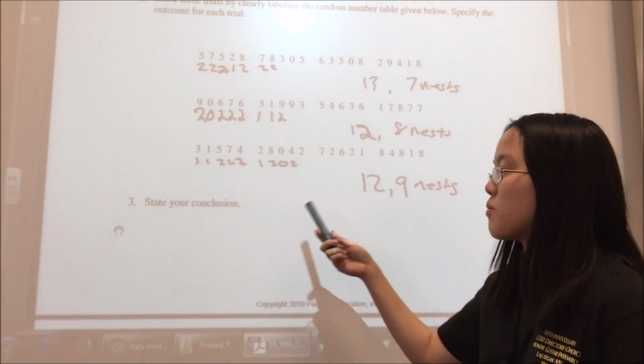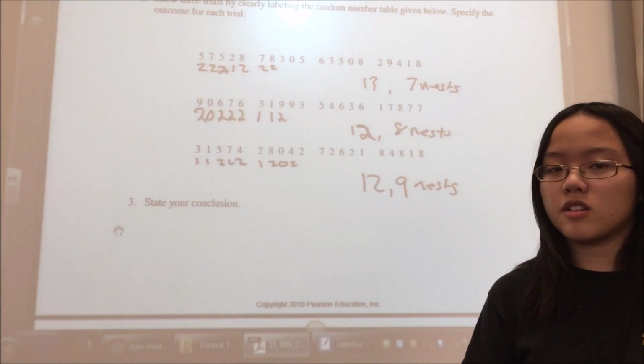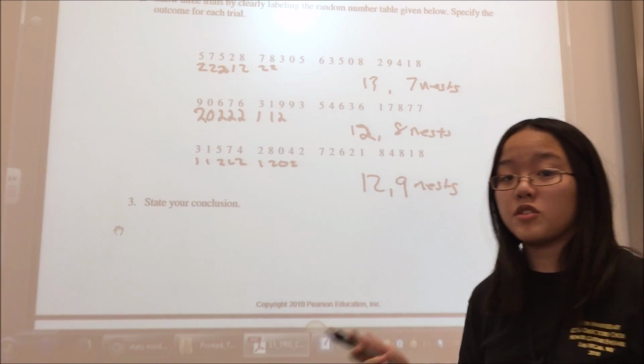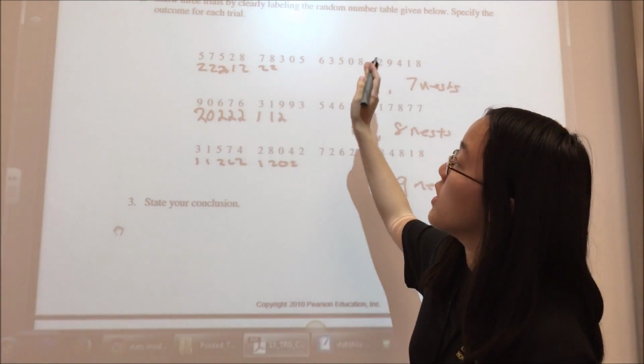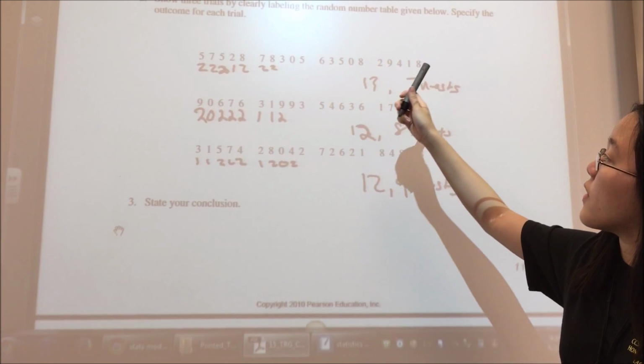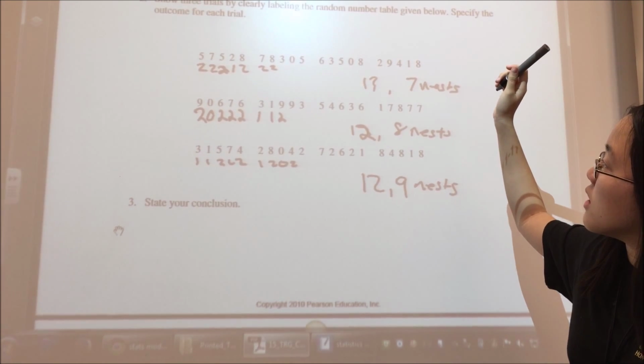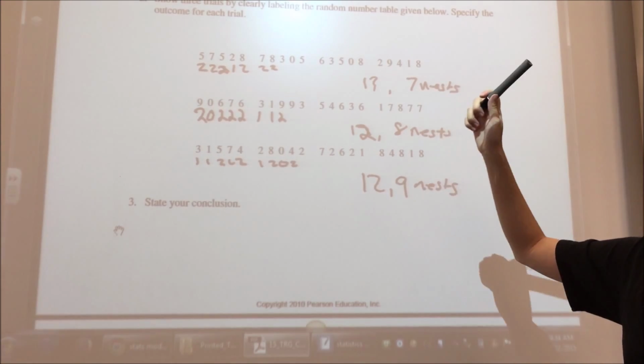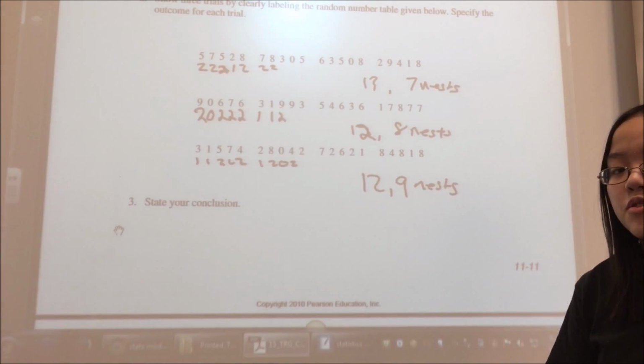Our final question for this problem is to state our conclusion. And on the AP test, it's very important to make sure that we state our conclusion in context. So in this problem, we solved for 3 trials, and we found that for trial 1, it takes 7 nests, it took 8 nests for trial 2, and it took 9 nests for trial 3.